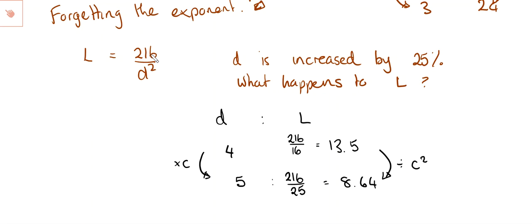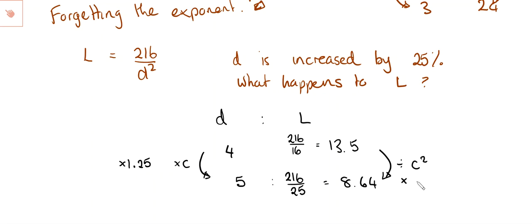So, let's just confirm. What do we multiply by to increase by 25%? 1.25. We actually multiplied by 1.25. So, should we just check?